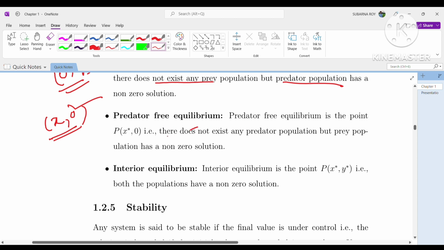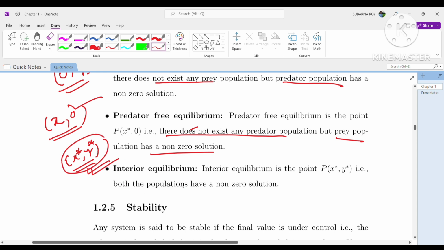There does not exist any predator population but the prey population has a non-zero solution. And this is the interior equilibrium point, which can also be called the coexistence equilibrium point. When x and y both are non-zero, this (x star, y star) is called the interior equilibrium point, where both populations have non-zero solutions.